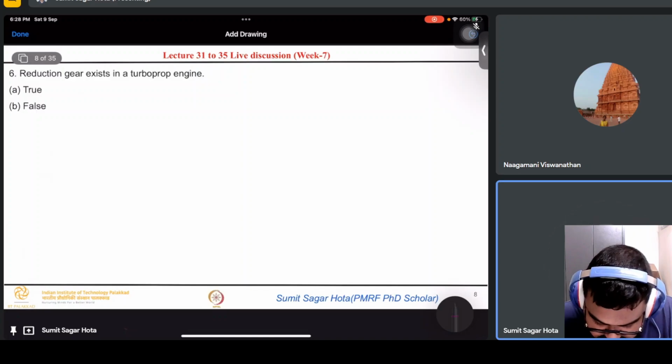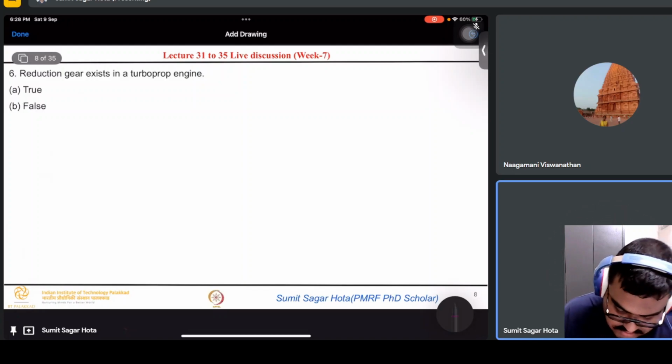Then the next question. A reduction gear exists in a turboprop engine. True or false? Obviously it's true.